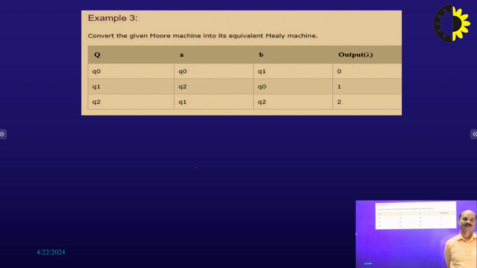So we extract our tuples here, that Q is the different states. There are 3 states, and Q0 behaves like the initial state. There are 2 input alphabets, A and B. There are 3 different output symbols, 0, 1 and 2, and Q0 is represented as 0, Q1 as 1, and Q2 as 2.